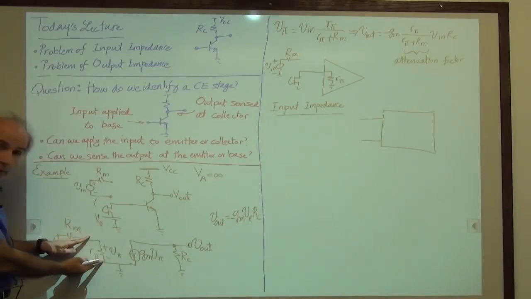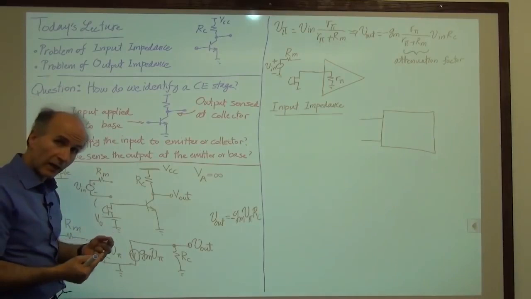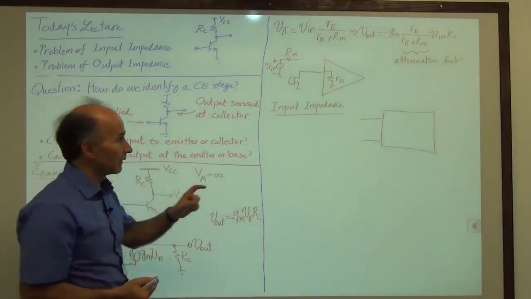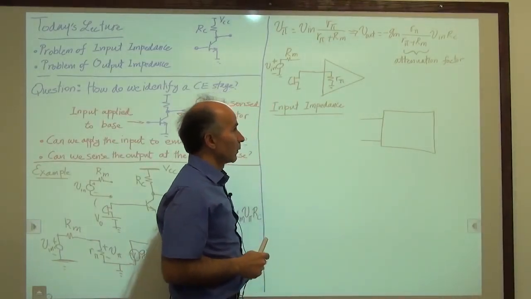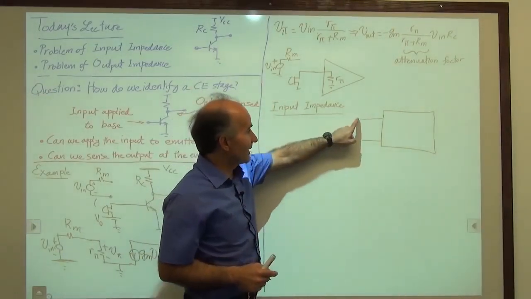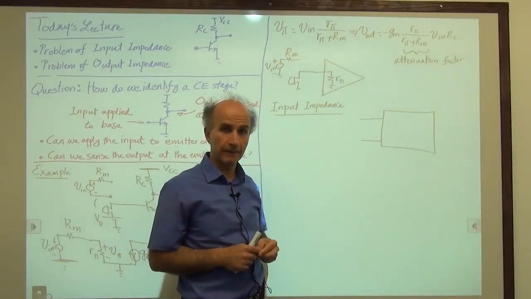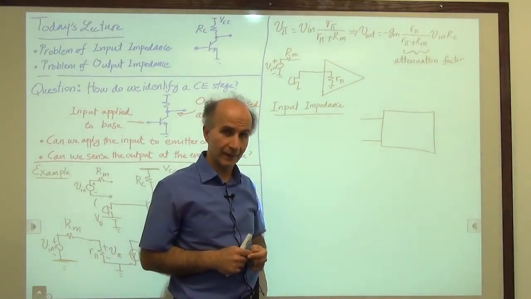Those are the two input lines or input nodes that form one port. This is what we call a port. We would like to find the resistance that we can measure between these two terminals. That is called the input impedance or input resistance.